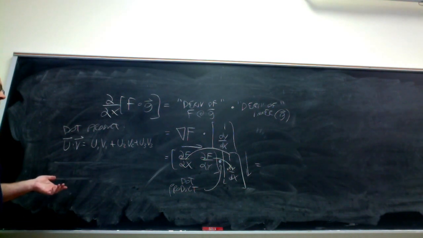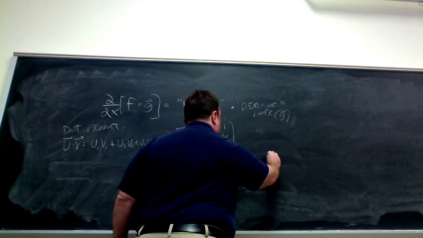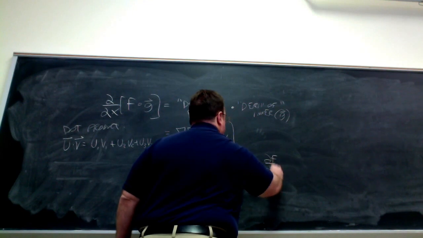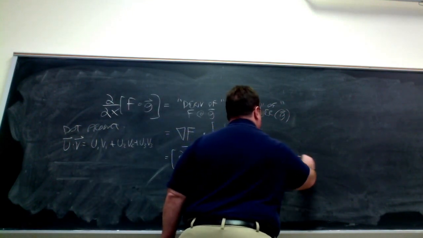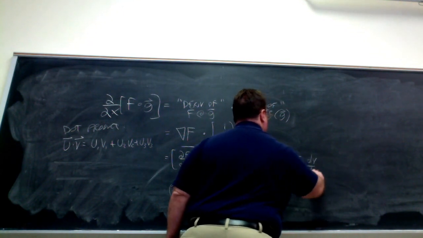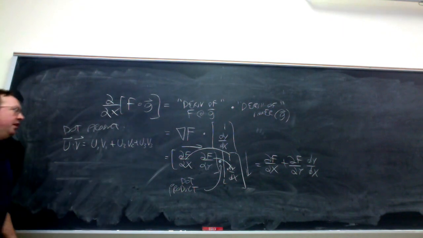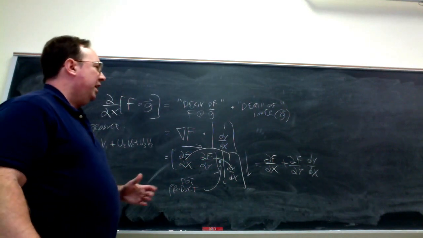Generally, we think of vectors as being written as column vectors. So we have partial of f with respect to x times 1 plus partial of f with respect to y times dy/dx. That's what we get from the chain rule applied to this equation.